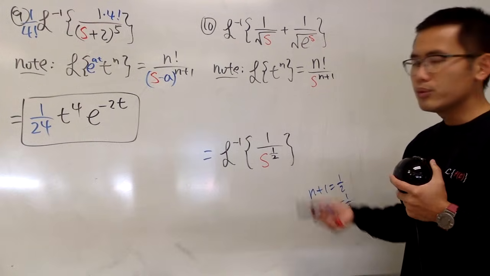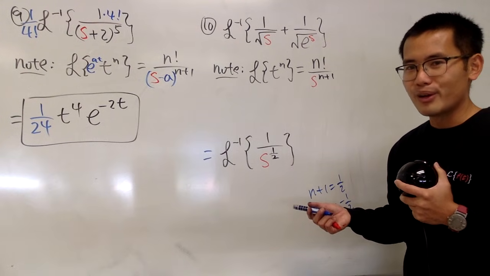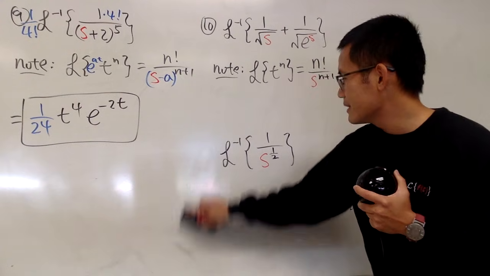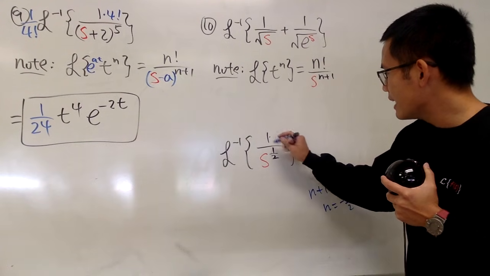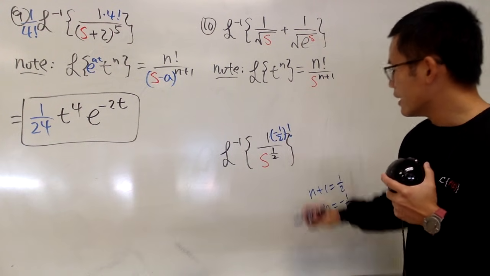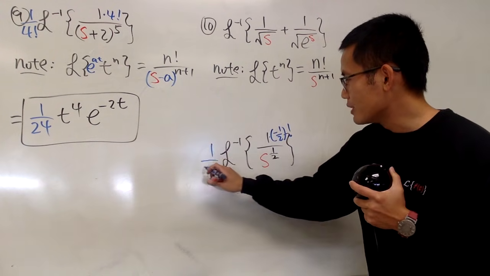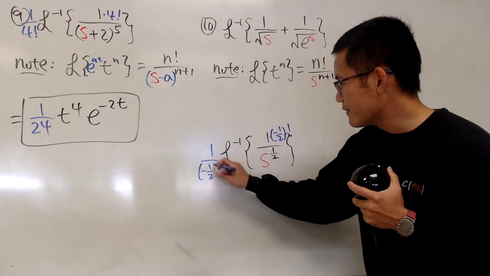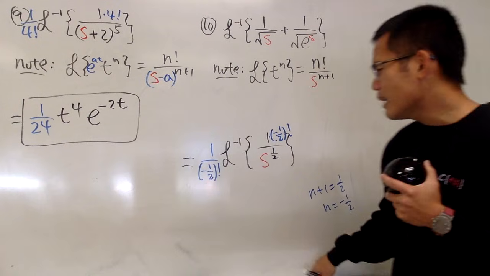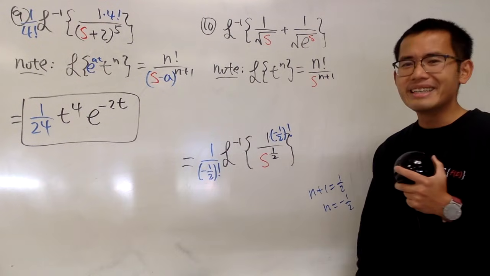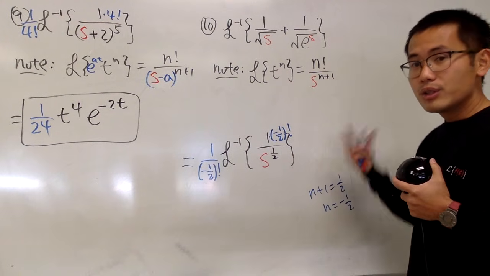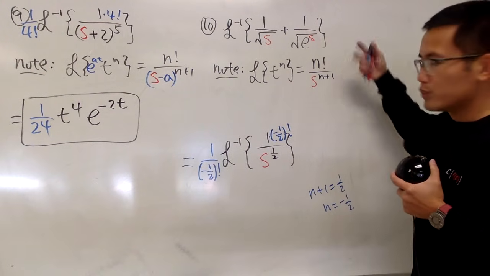But on the top, I do not have -1/2 factorial. It's okay. Let's just go ahead and do the same thing. Let's multiply the top by -1/2 factorial, and then on the outside, just remember to divide by -1/2 factorial, right? And you might be wondering, what in the world is -1/2 factorial? Because this formula is only good for n equal to 0, 1, 2, 3, 4, 5, and so on.